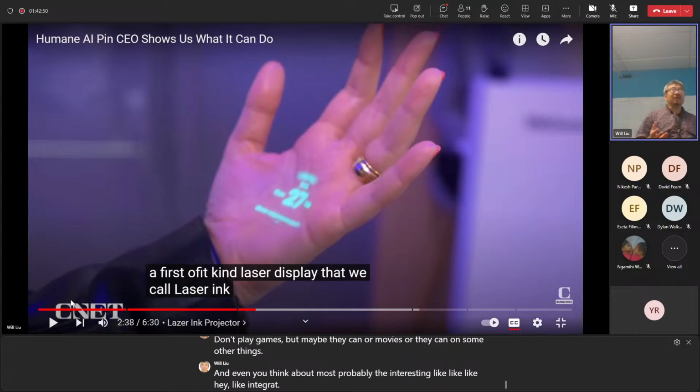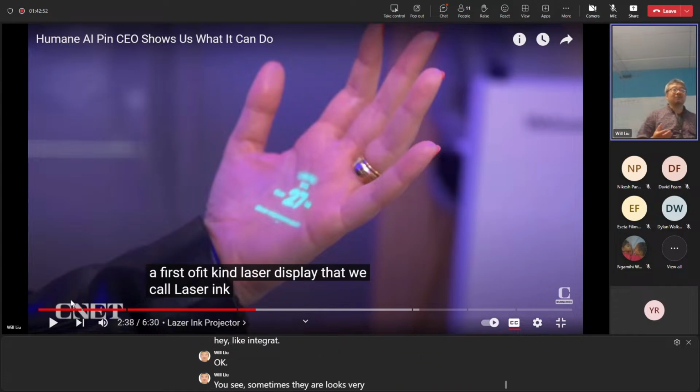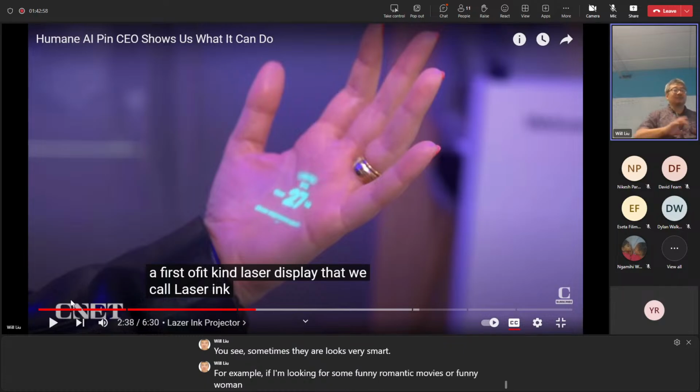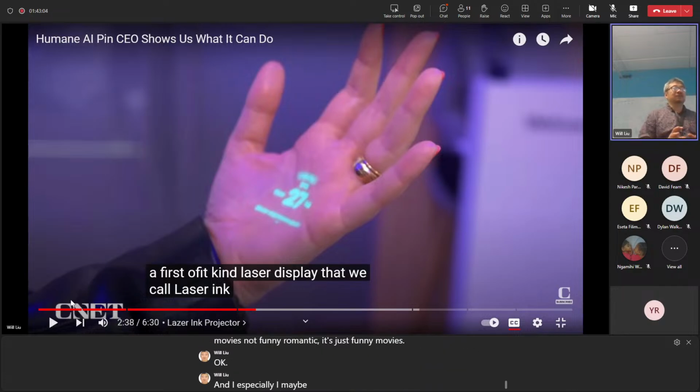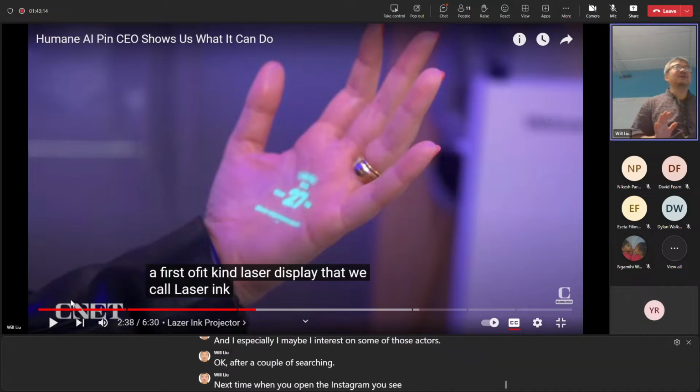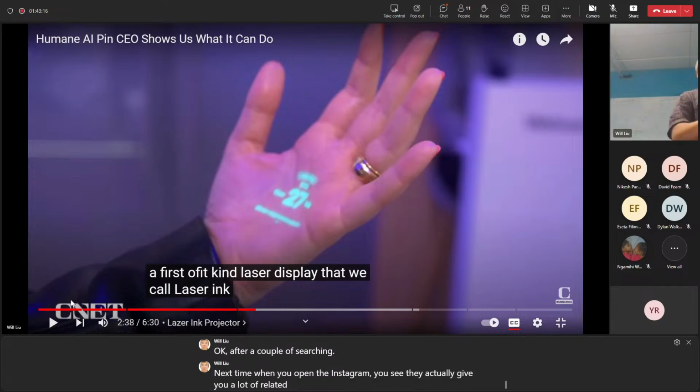Sometimes they look very smart. For example, if I'm looking for funny movies, and especially I'm interested in some actors, after a couple of searches, next time you open Instagram, you see they actually give you a lot of related content.